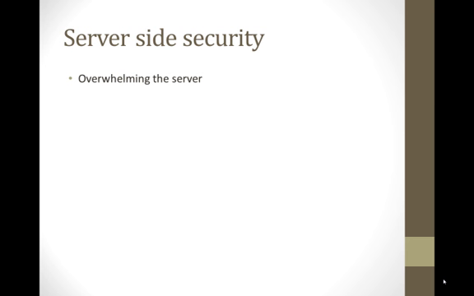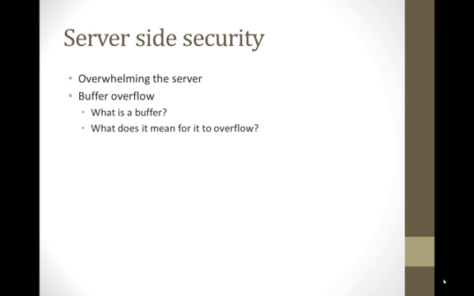So the third one we're going to look at is overwhelming the server. In other words, just sending so much information at the server it can't work. The common variation of doing this is called the buffer overflow. If you think about what a buffer is, you can think of a buffer as essentially a holding cell for incoming traffic.